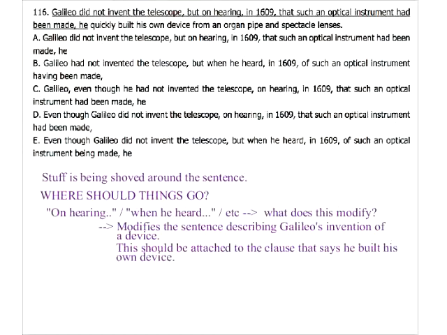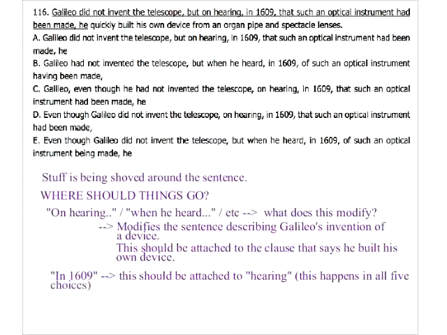And ideally, it shouldn't be attached to anything else. So that's also a consideration. In 1609 should be attached to hearing, but that happens in all the choices. So that's not really a concern because it happens in all of the choices, but it's something you would want to look out for.